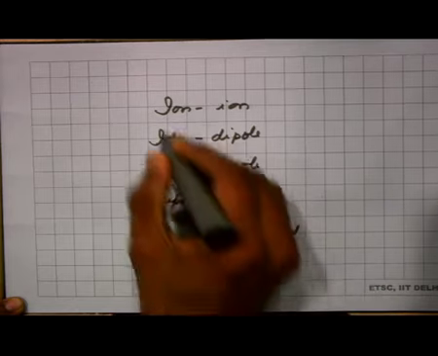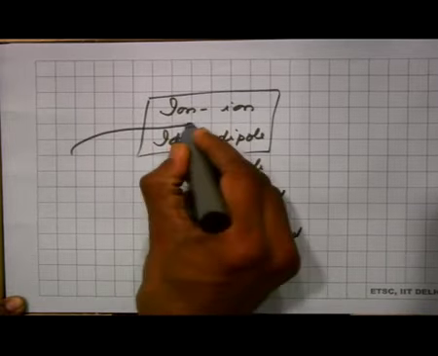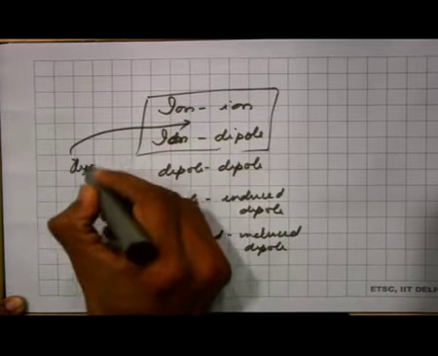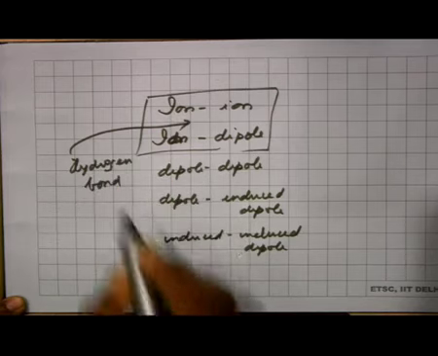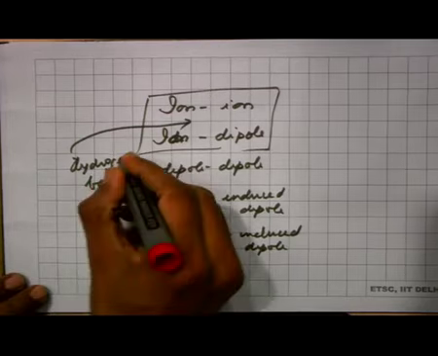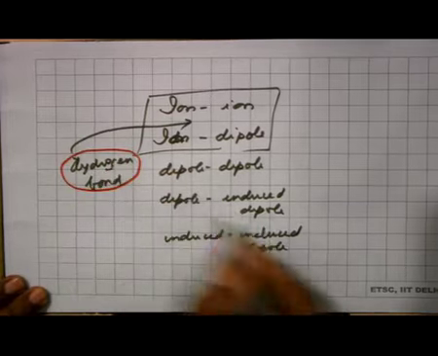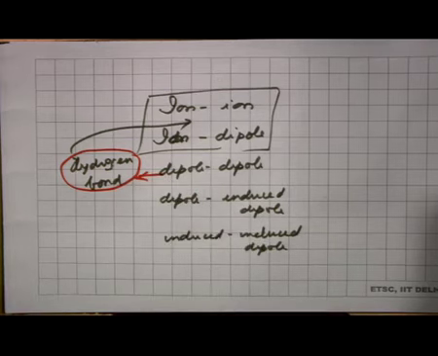So, we have done this thus far, and in terms of sizes, hydrogen bond will be here. It is special in some sense, so I will circle it in red. It is a type of dipole-dipole interaction, but it is stronger than a typical dipole-dipole. We will come to that after we have discussed the dipole-dipole.